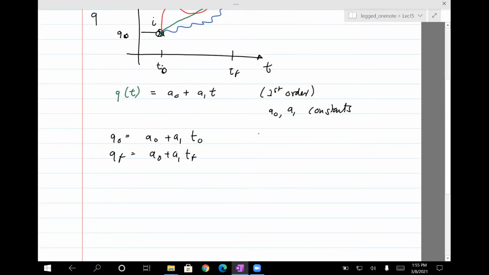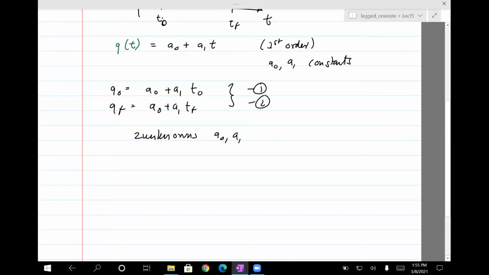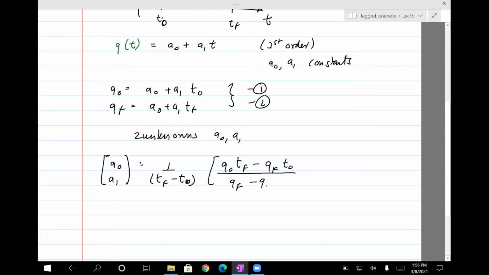And so we have two equations, two unknowns, and then we can solve for those unknowns. If you solve for them, you get a0, a1 equals 1 divided by tf minus t0, and in the numerator, q0 tf minus qf t0, and qf minus q0.